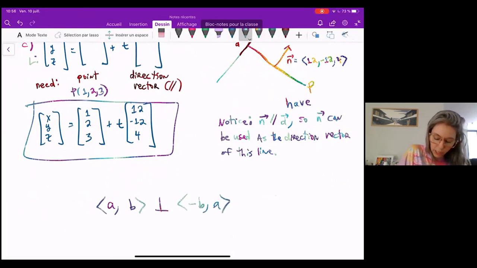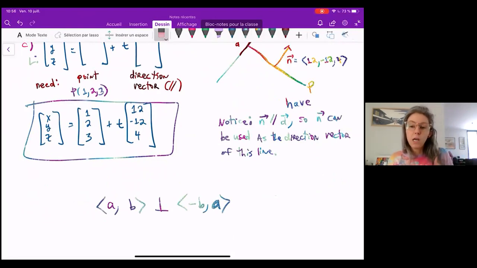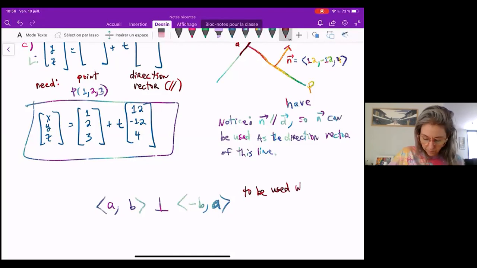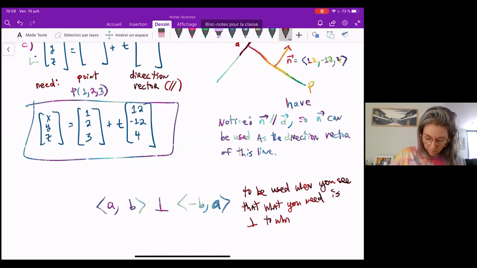And this formula is really only going to be useful in R2, but this formula would be used when you see that what you need is perpendicular to what you have. And then that kind of covers the stuff that you're gonna have to do.